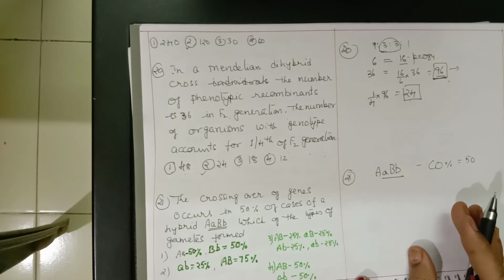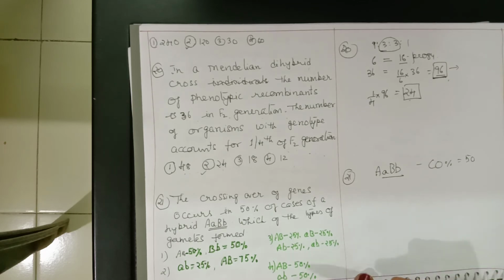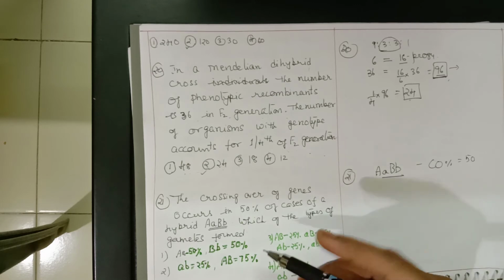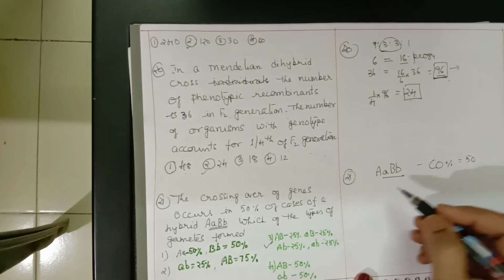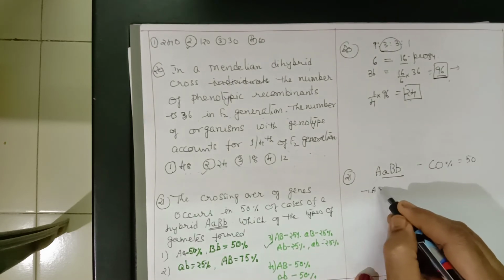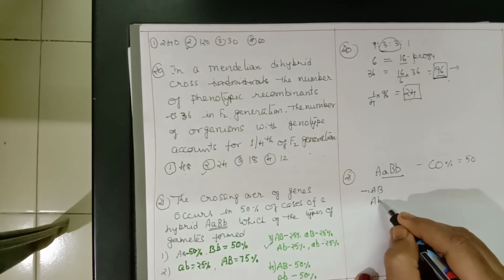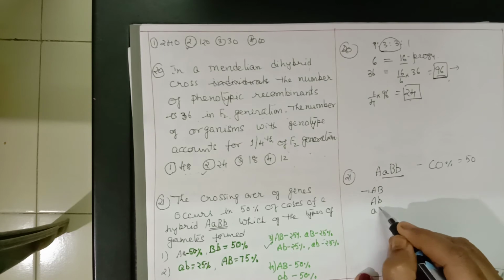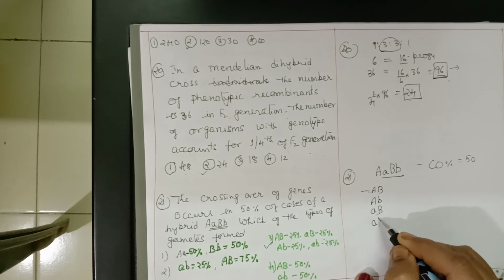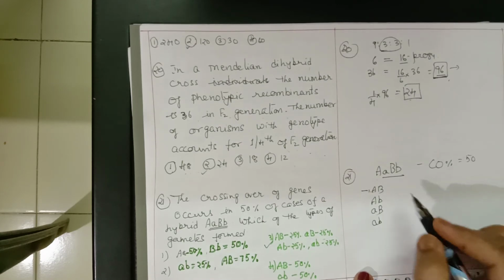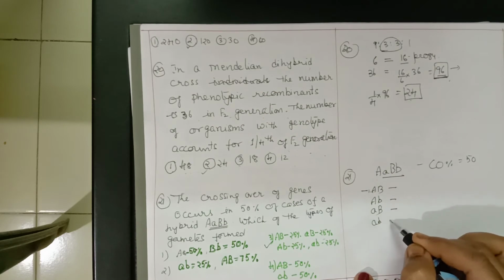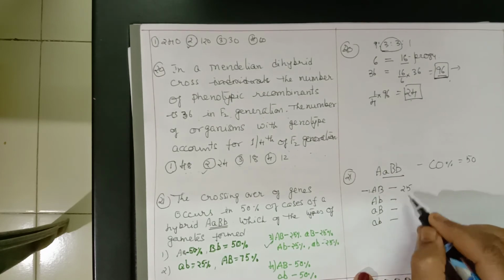If there is no linkage, there will definitely be 4 types of gametes formed. This will be the answer, 4 types. What are the 4 types of gametes formed here? AB is one, capital A small b is another one, small a capital B is one, small a small b is another one. So all are formed in equal proportions.